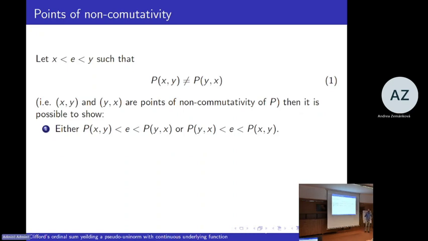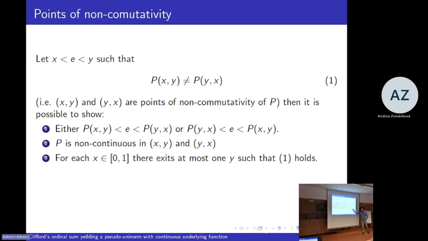Moreover, for each x, there exists at most one y. So one fact is that it's the span of the non-commutativity. Moreover, such an inequality holds, and we will see it will lead to the fact that those points belong to the characterizing set-valued functions of the pseudo-uninorm.